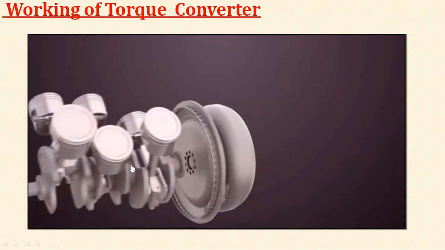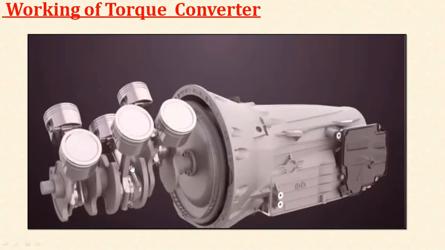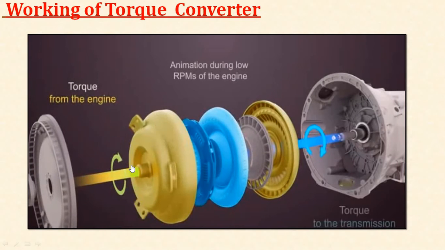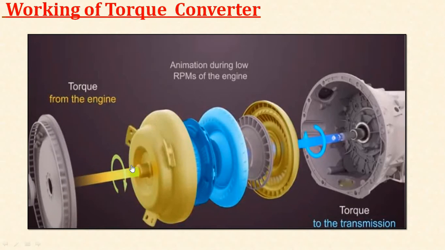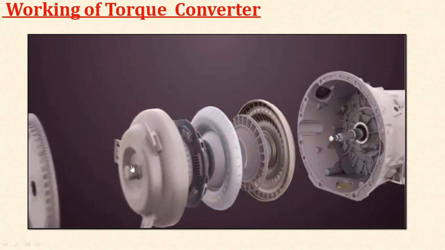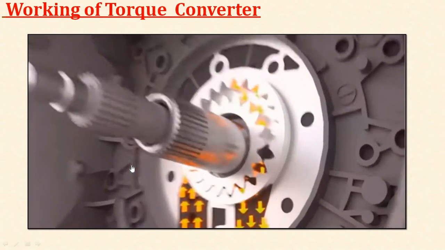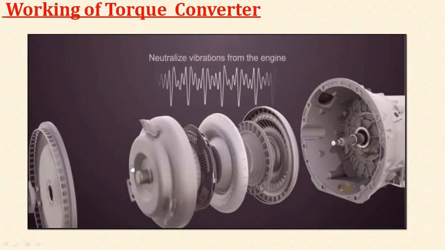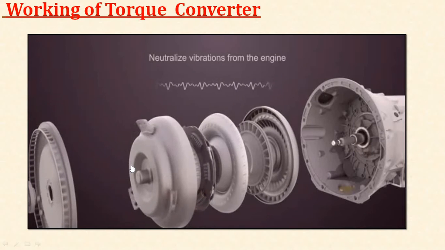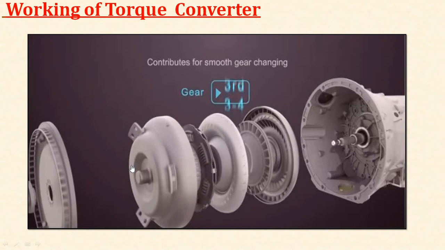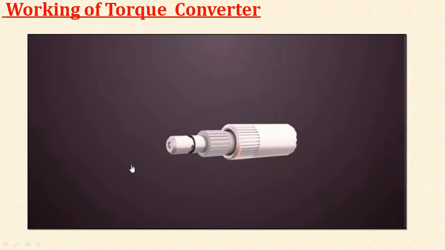This whole assembly is connected to the impeller and fitted inside the gearbox, along with the turbine. The impeller pushes the oil into the turbine with higher centrifugal force as it is driven, and the oil provides a contribution to smooth transformation or shifting of the gears.